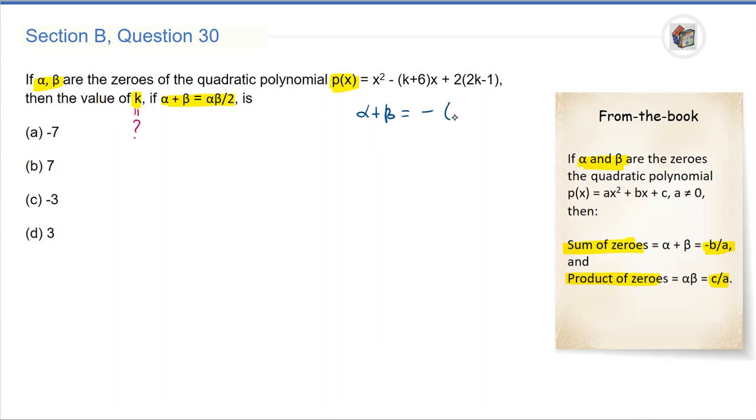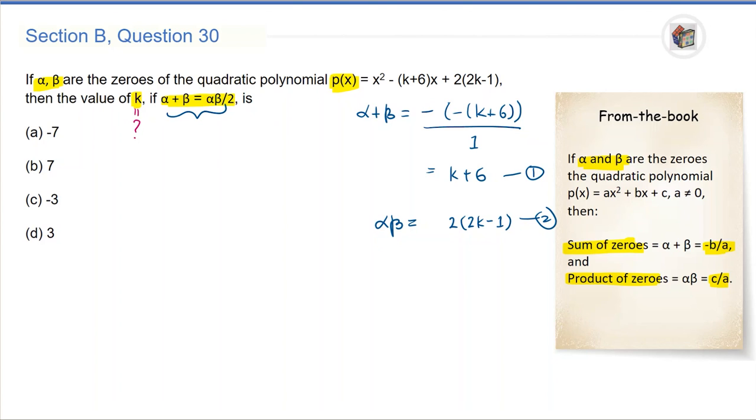So first of all, you put a minus, this is your b, and your a is 1. So alpha plus beta is k plus 6. Product, which is c by a, is going to be 2 times 2k minus 1 upon 1. So this is what it stays. Now with this, let me number this 1 and 2. I can put both of these here because this is precisely what I have.